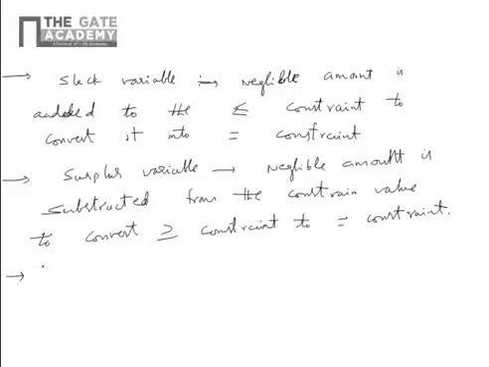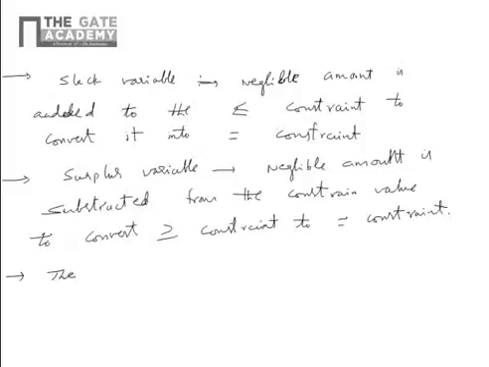So these are the few basic steps. And regarding whether to add surplus or slack, that also depends upon the sign. For the slack or surplus variable we have added, what is the coefficient of those variables?